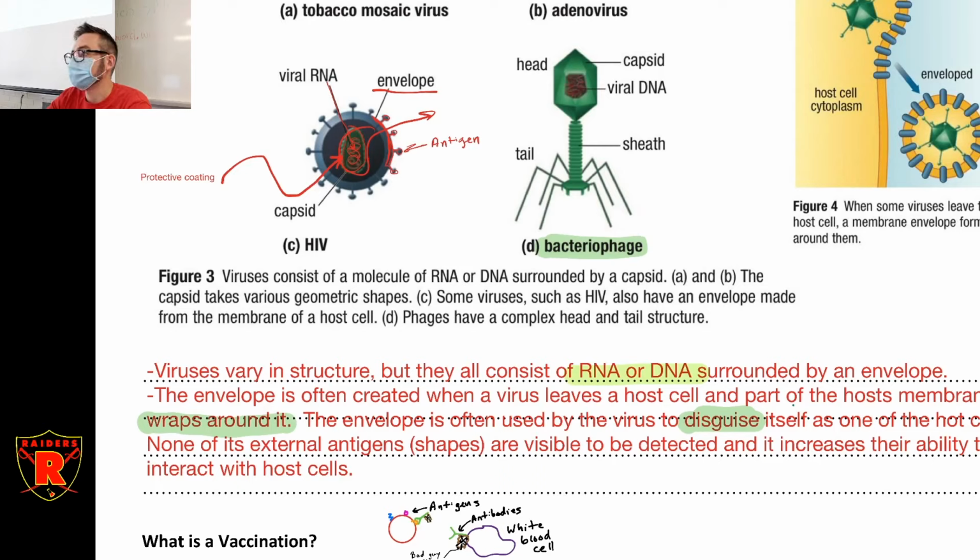Bacteria have antigens on the outside too, by the way. That's how your immune system recognizes them.